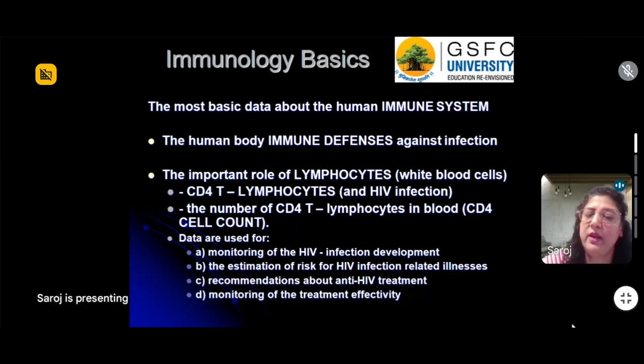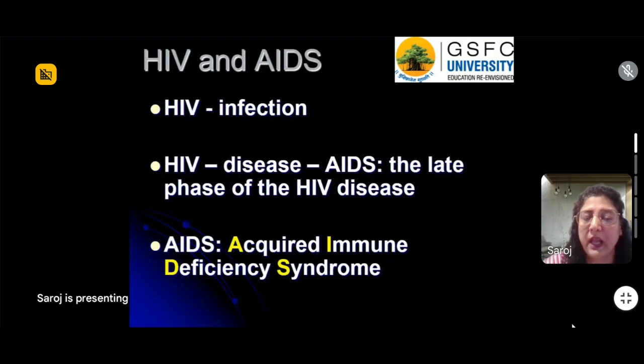It would also give you an estimation of the risk which would arise because of the HIV infection, and that would relate to the illnesses, especially when we talk about AIDS. Based on the cell count, different treatment modalities are advised for the patients. So, what would be the recommendation? And of course, this is also an endpoint indicator that would tell us how successful our treatment is. So, the effectivity of our treatment.